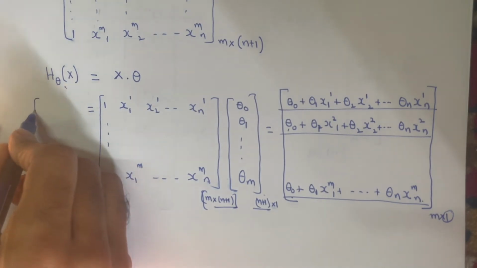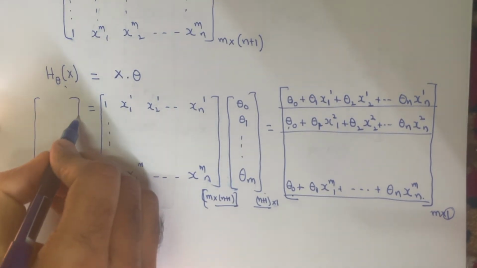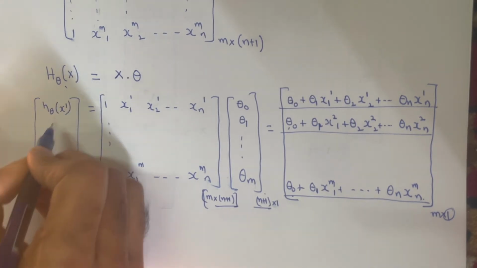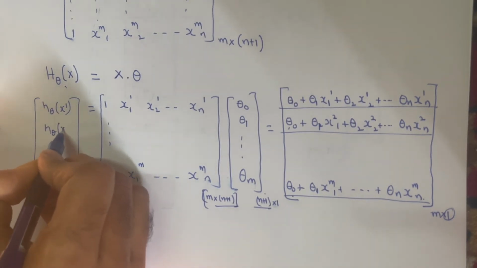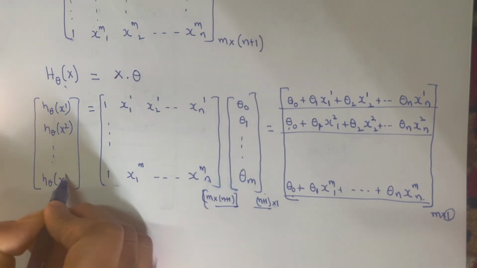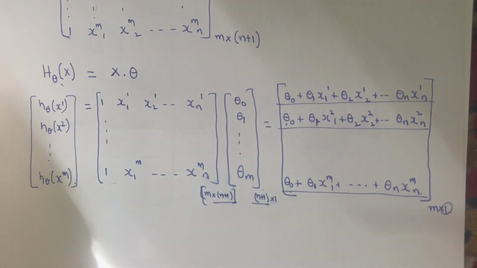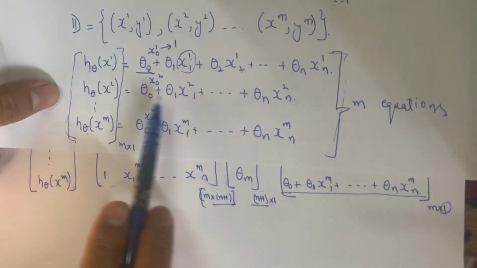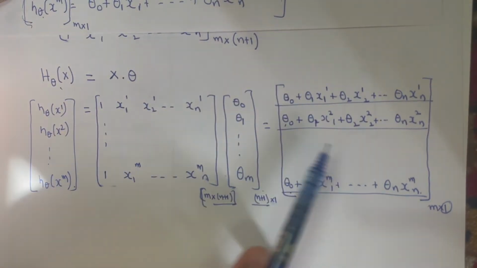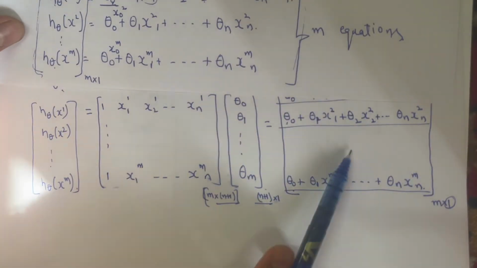So h of theta x is h of theta x1, h of theta x2, ... h of theta xm. So you can see from these were our equations, and the output is coming in matrix format like this. So this is the same as this.